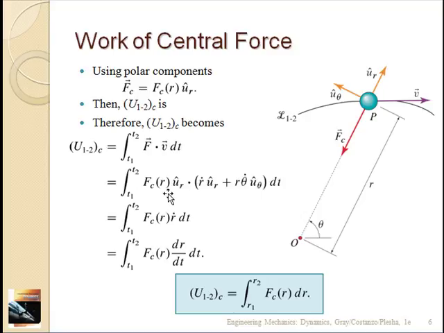Okay, so it's the integral of the central force, which we write as Fc, a magnitude, times this unit radial vector. And then the velocity has a radial component and an azimuthal component. And it turns out the central force is perpendicular to this azimuthal component, so that part of the velocity is not affected. So it's Fc times the radial velocity dt, which we can write as Fc dr, right?